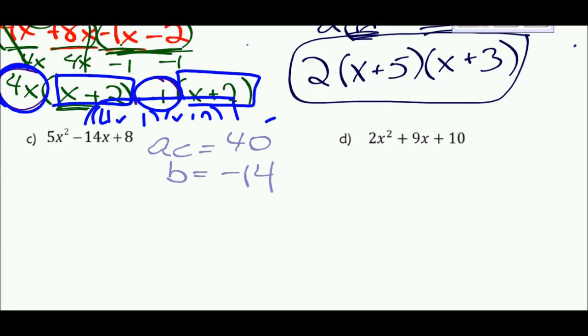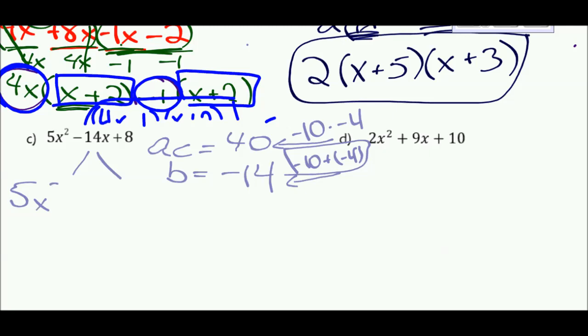So Jackson, what's going to multiply to be 40 and add to be -14? -10. Yeah. -10 and -4. Those multiply to give us that, and they add up to give us that. That's how we're going to split this -14. That's going to split into two different terms, -10x and -4x.